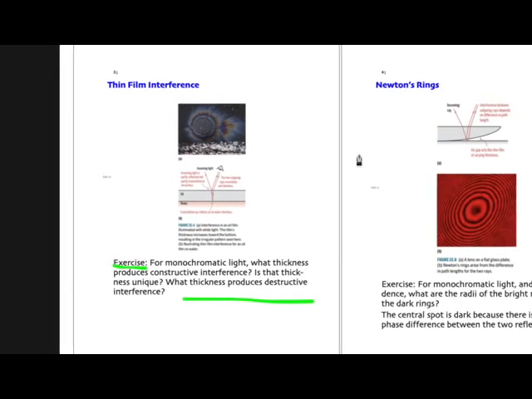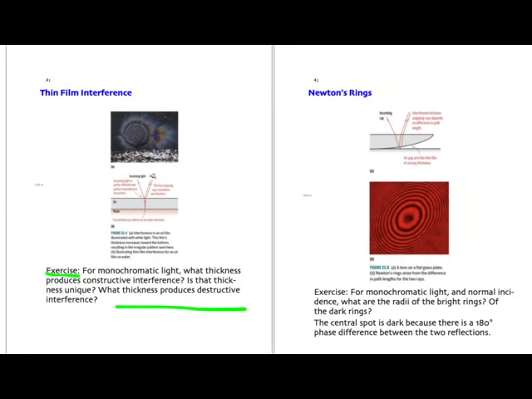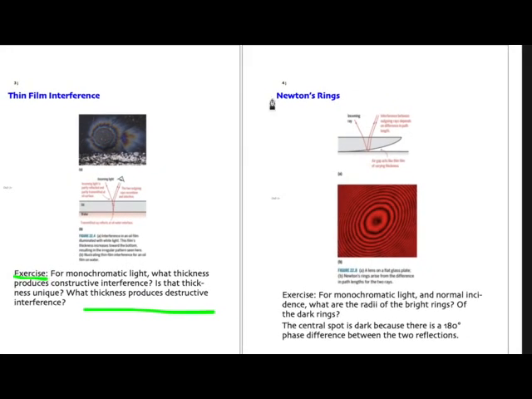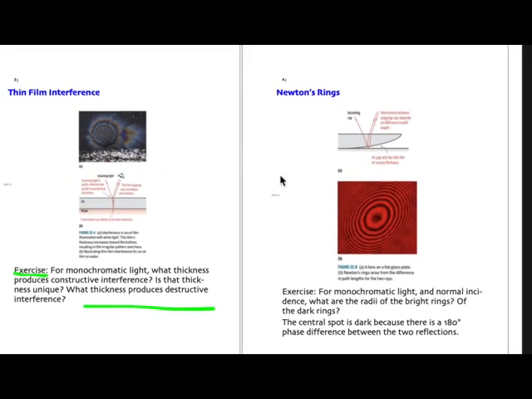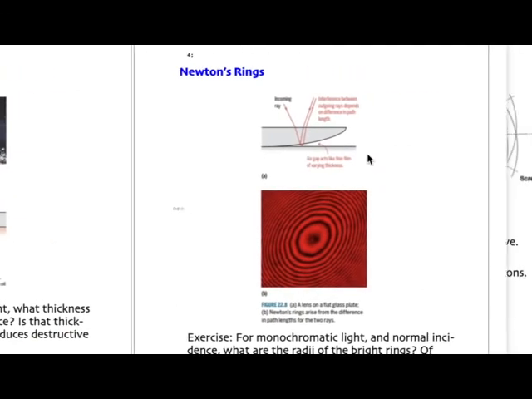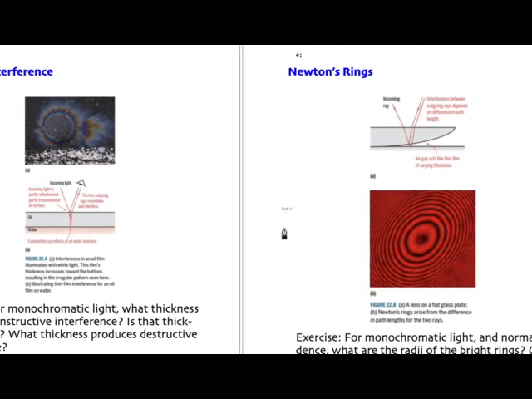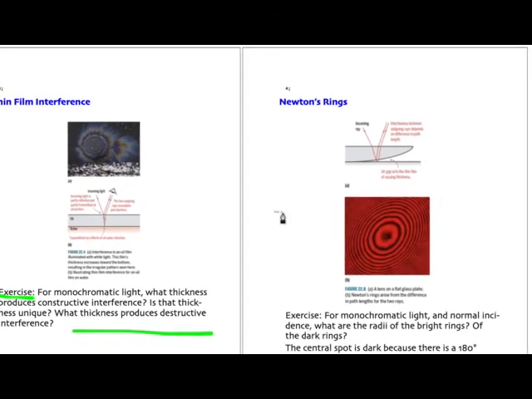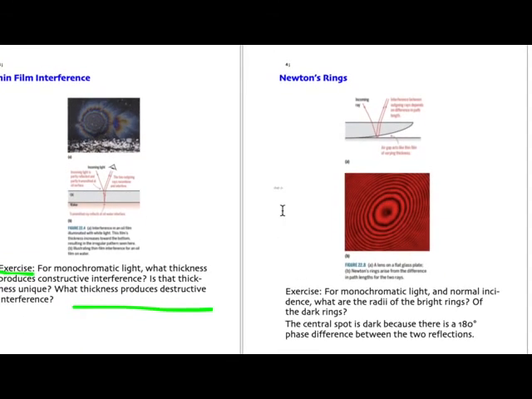A little more laboratory sort of case is a little device which produces Newton's rings. So let's blow this up a little bit. Newton's rings is a little demonstration of interference of light. It was developed by Isaac Newton.